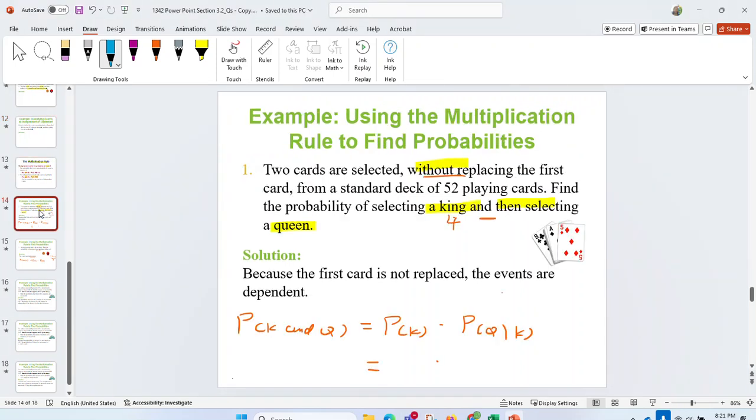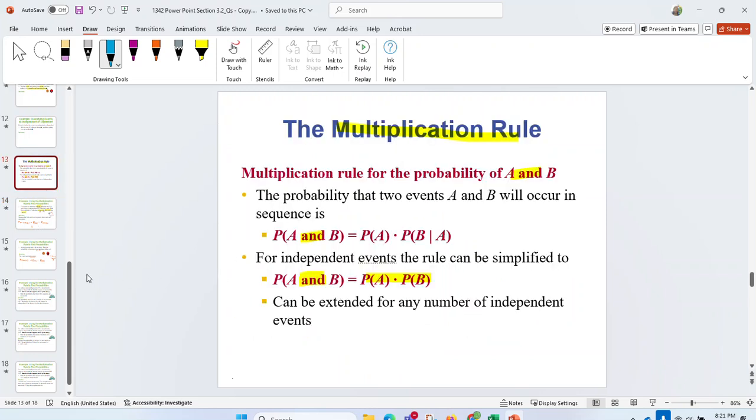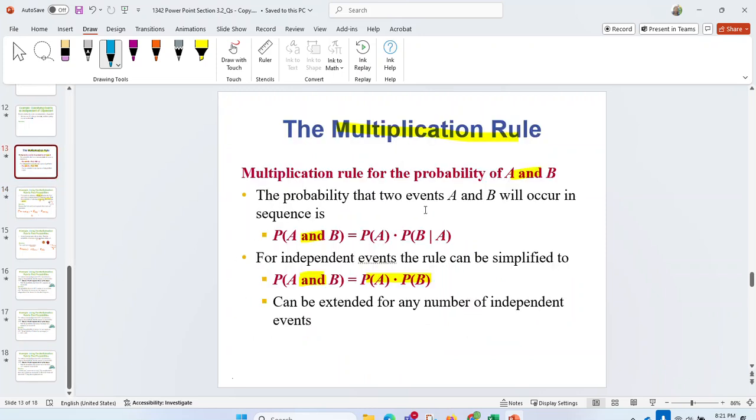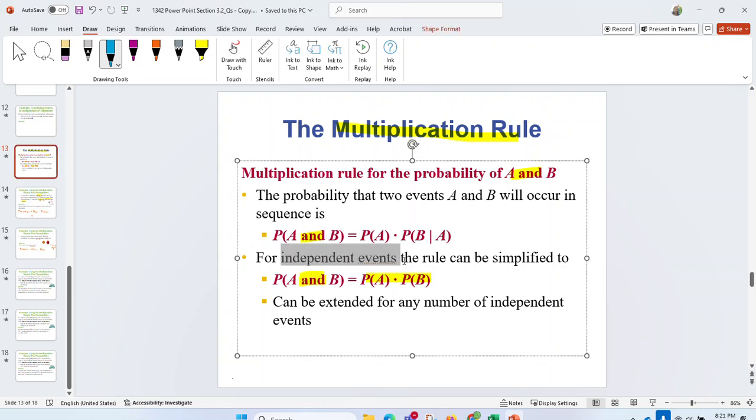All right, so we are using the multiplication rule to find the probability. If A and B are independent, you just use the probability of A times the probability of B. That's independent.